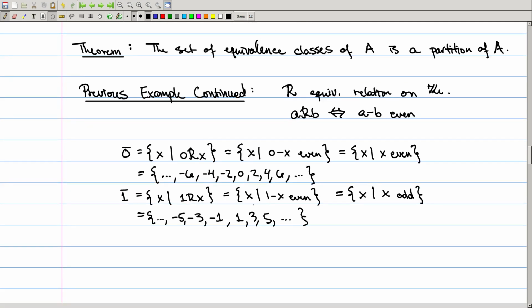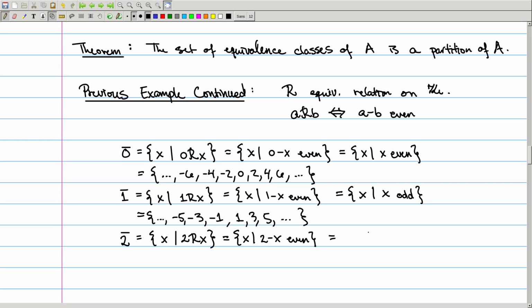And we can keep going here. I can think about the equivalence class of 2. Let's try this again. This is going to be the set of all x such that 2 is related to x. So this is the set of all x such that 2 minus x is even.